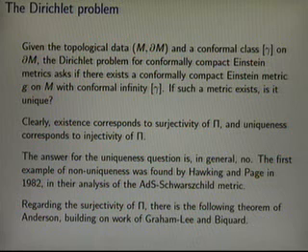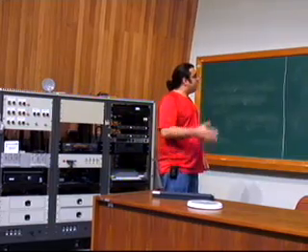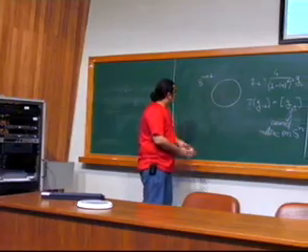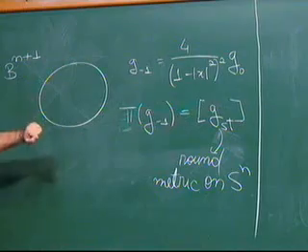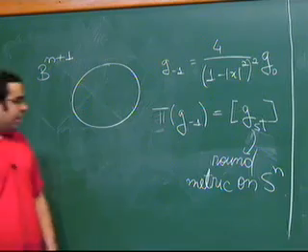But regarding the surjectivity, there is this result of Anderson that builds on work of Graham and Lee and Biquard. Let me tell you what Graham and Lee did first. You have the round metric, and for the round metric you have the hyperbolic metric. So the conformal infinity of the hyperbolic metric is the round metric.